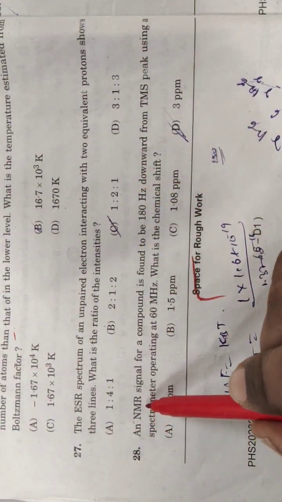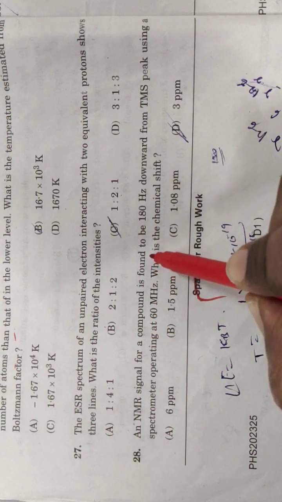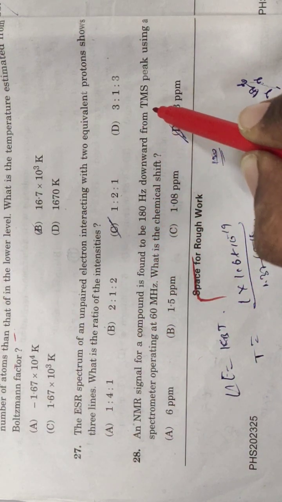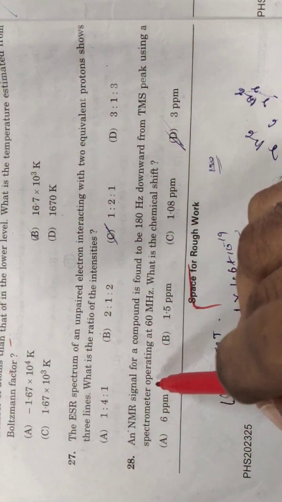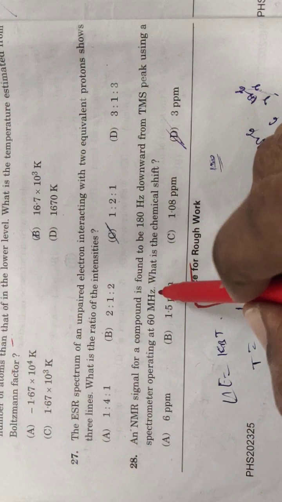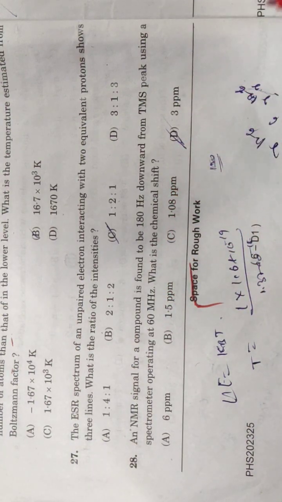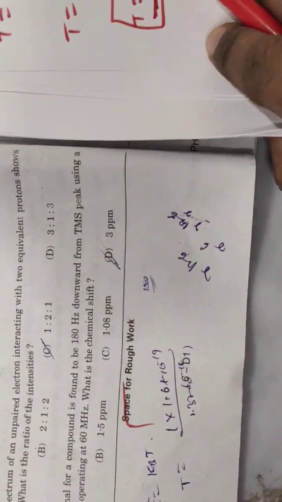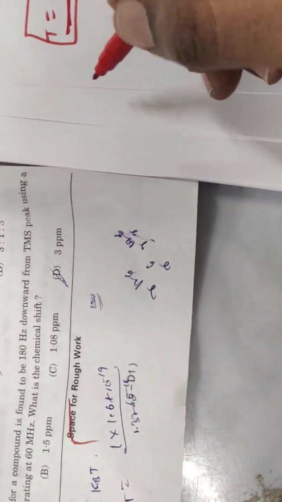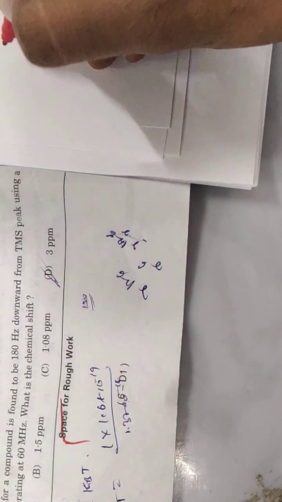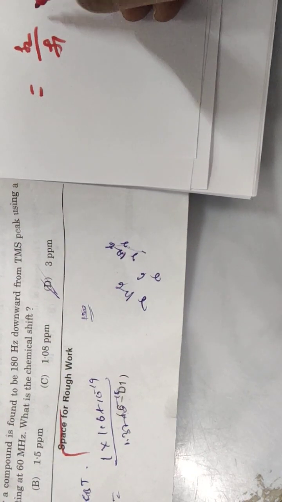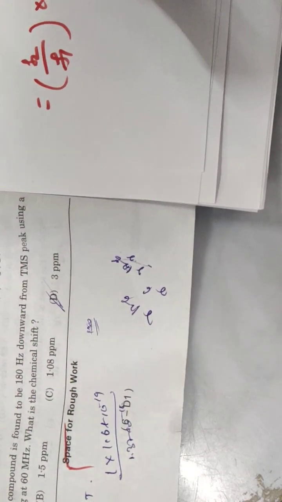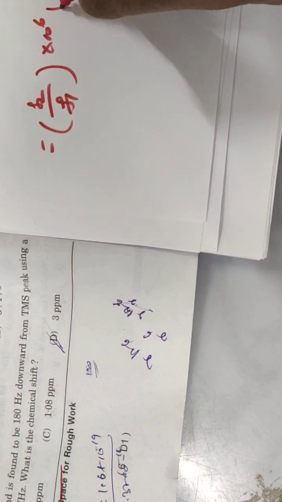Next, an NMR signal for a compound is found to be 180 Hz downward from TMS peak using a spectrometer operating at 60 MHz. What is the chemical shift? So it is a very easy question. So we know that the chemical shift is equal to F2 by F1 into 10 to the power of 6 if you convert into ppm.